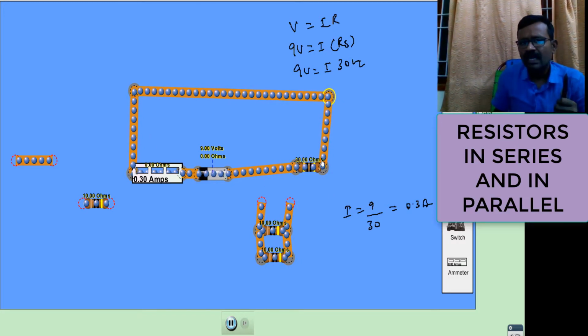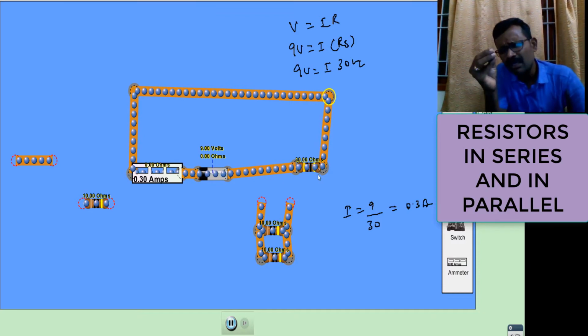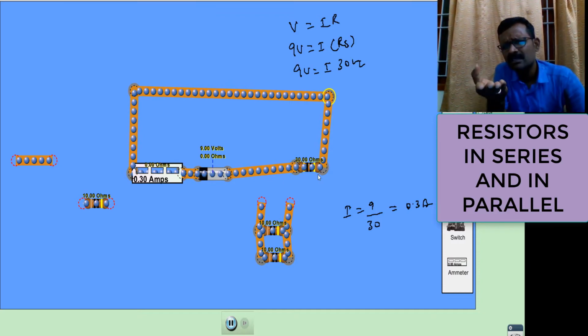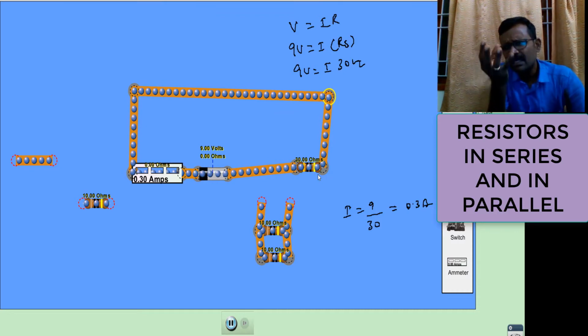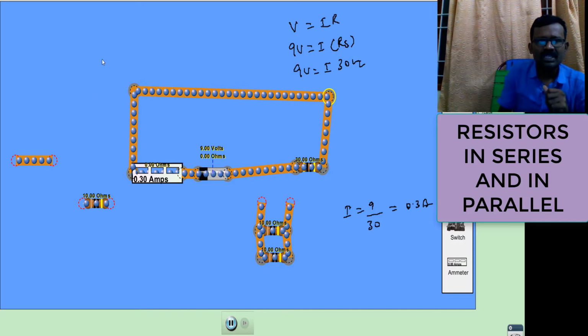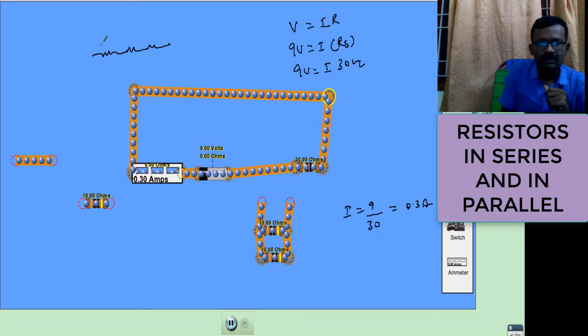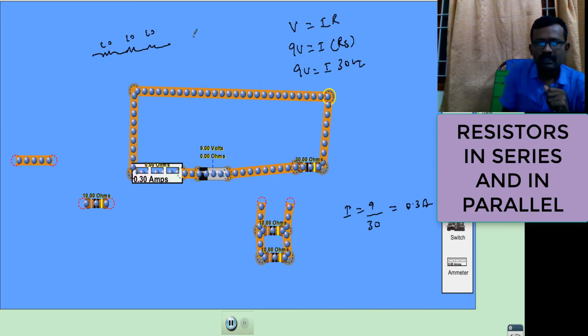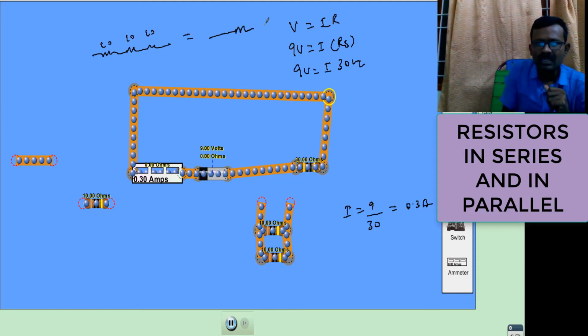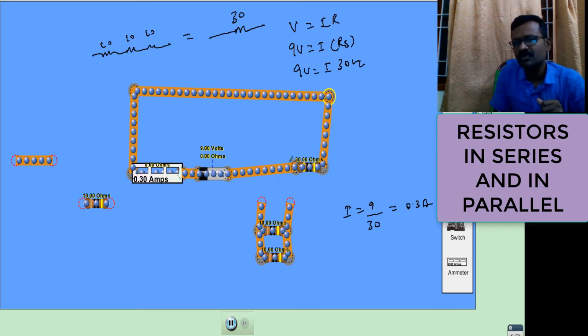Instead of connecting 3 resistors in series, we can put only a 30 ohm resistor in the place of the 3 resistors in series. So, see, 10, 10, 10 is equal to a single resistor of value 30. That is what I have done here.